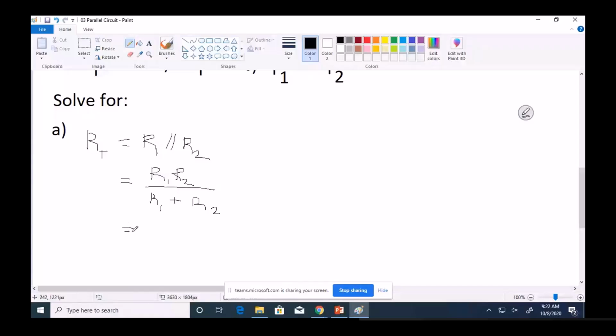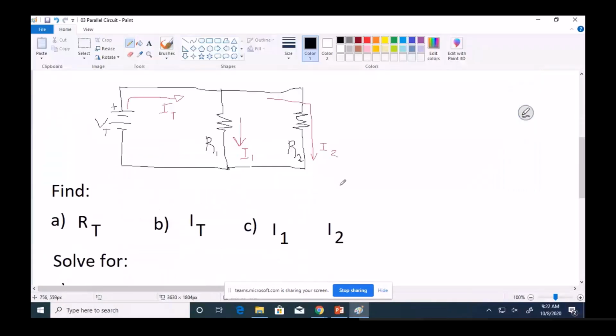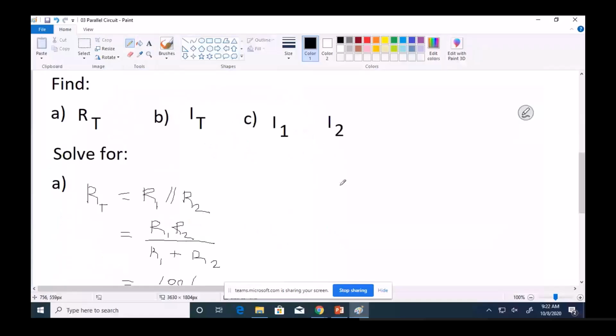So substitute that one. Oh, I missed to write the given. So I will put the given here. Normally, you will establish the given.